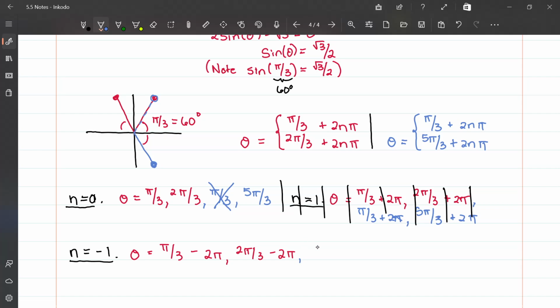At this point, I imagine that you can figure out what's going to happen with my answers from the blue system. The first one, of course, is out. The second one is the one that comes the closest to being included in our system. After all, 5 pi over 3 is very close to 2 pi, but once again, we're getting a negative number. Once again, we are not going to be considering this collection of possible answers because it doesn't fall into our interval.